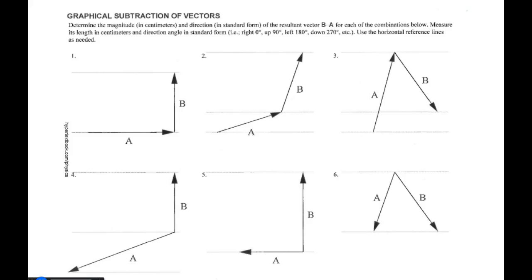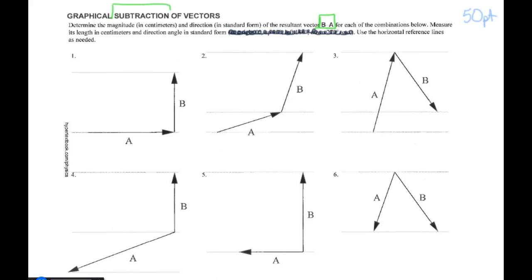Next project is also a 50-point project. This is the graphical subtraction. Again, we are going to mark this out. So some things you'll want to note. You will want to note that this is B minus A, so our A is negative.